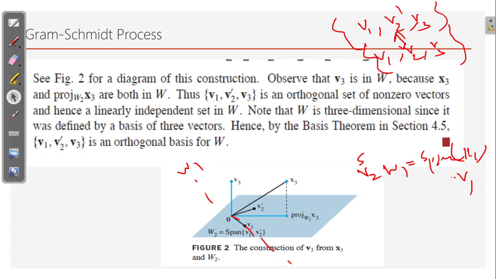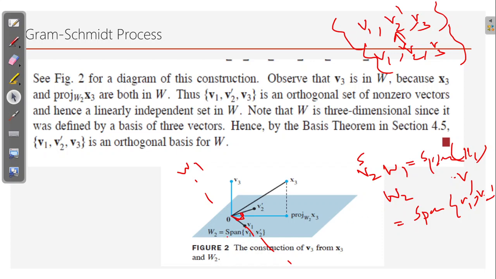V2 means V2 dash itself, right? So V1 and V2 are orthogonal to each other, that is 90 degrees to each other. Then we have the subspace W2, and this subspace W2 contains both V1 and V2 dash, that is W2 equal to span of V1 and V2 dash, that is all possible combinations of V1 and V2 dash.